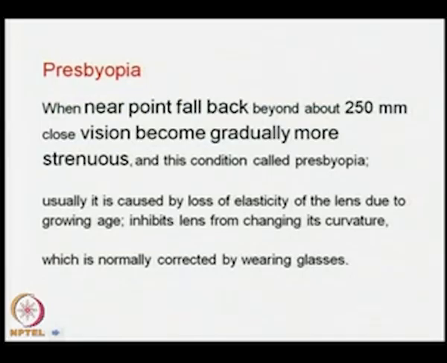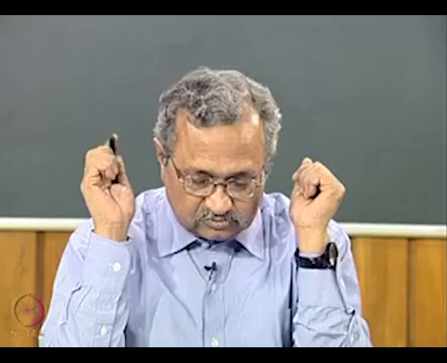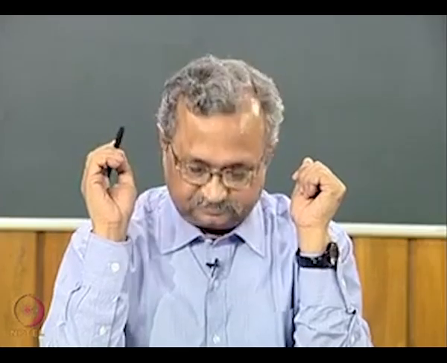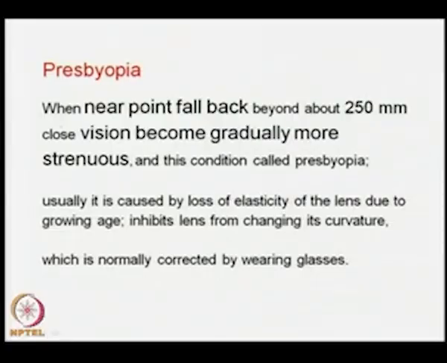Now, another aspect in vision is presbyopia. When the near point falls back beyond about 250 millimeter, close vision becomes gradually more strenuous.